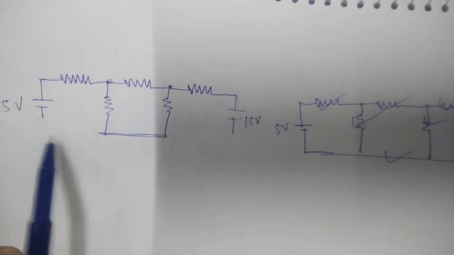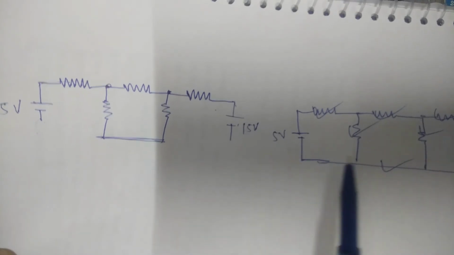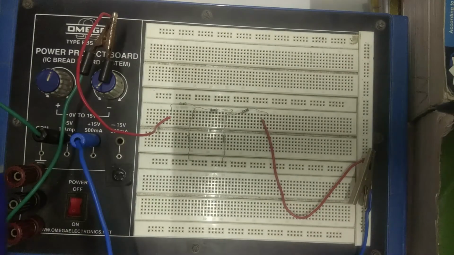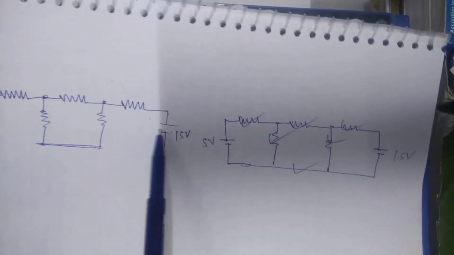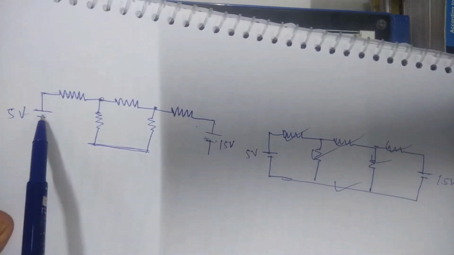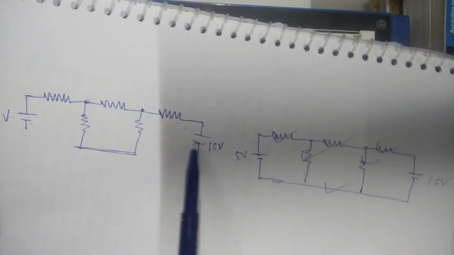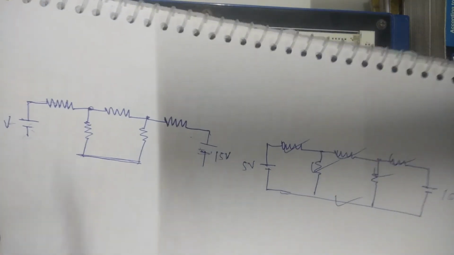In your circuit you will have it in this fashion, but in practical aspect you will have a voltage source 5 volt and a 15 volt source whose common point is actually one. Previously, whenever we drew the circuit, the ground was different for both, but in actual practice in any DC circuit the ground or the common point will be the same.